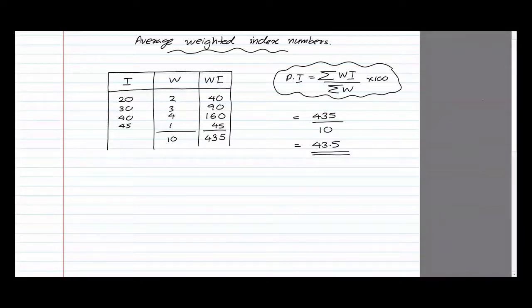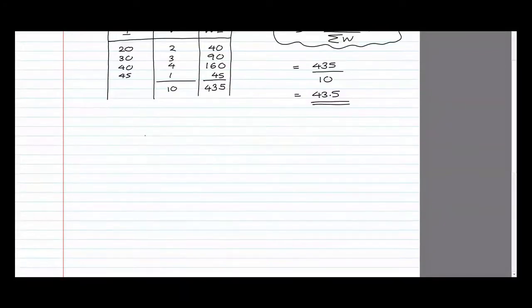And one more thing, for theory, sometimes they ask this question: limitations of index numbers. Sometimes index numbers can give a wrong idea even, right?